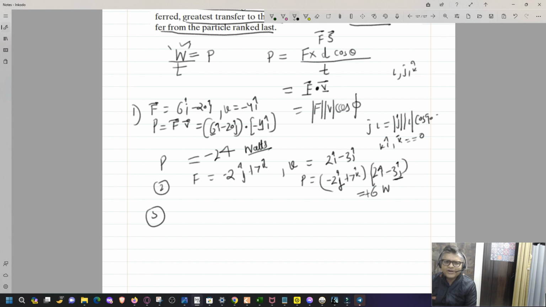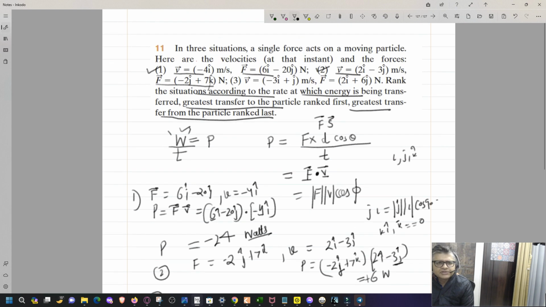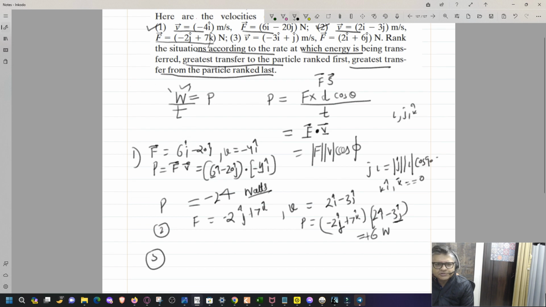So the body is transferring energy to the road, for example. The road will get hot, because the energy is getting dissipated. Typical of friction. You can watch my playlist on friction, some numericals from Resnick, Halliday, and numerous other conceptual videos. Let's talk about situation number 3.